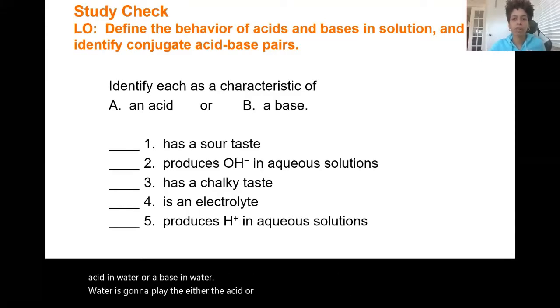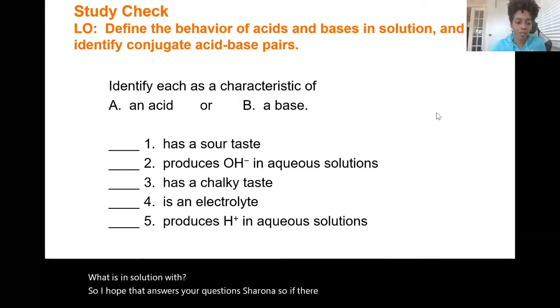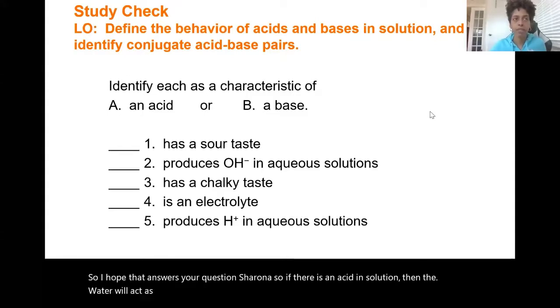It depends on what is in solution with it. So hope that answers your question, Sharona. If there's an acid in solution, then the water will act as a base. If it's just a base in solution, water will act as an acid.